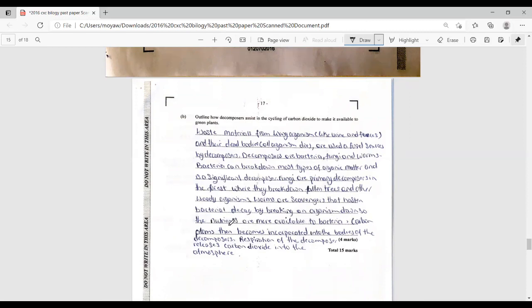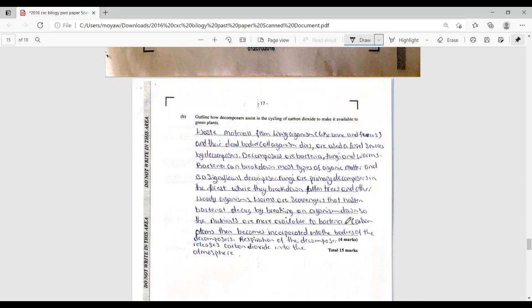Carbon atoms then become incorporated into the bodies of the decomposers, and respiration of the decomposers releases carbon dioxide into the atmosphere. So as you can realize, I've basically told you how all of these different decomposers work together, but for the most part we all know that bacteria is one of the main decomposers, and as such it will break down whatever waste, whether dead bodies or urine or feces, that is in their present environment, in their ecosystem.